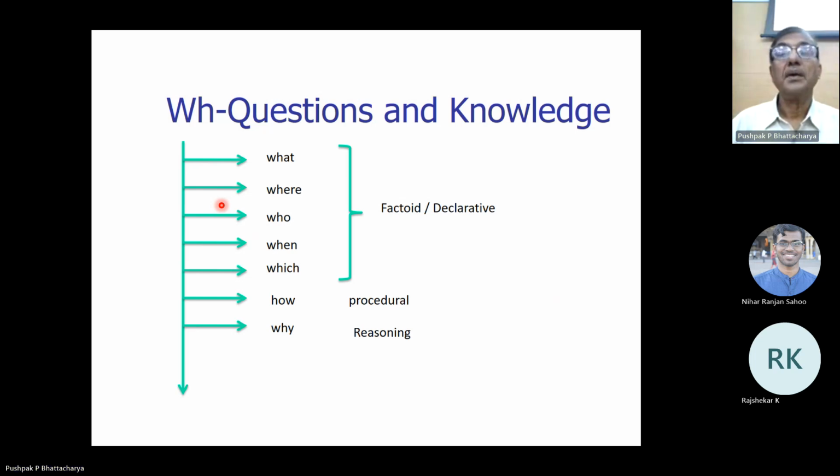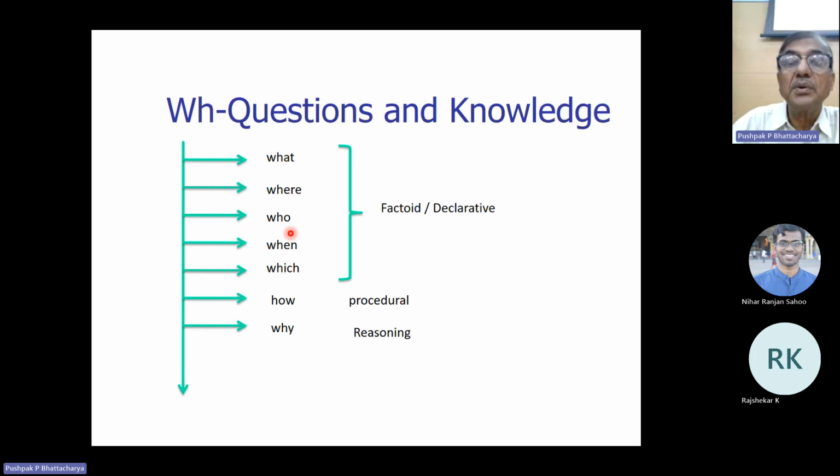Now, one of the important fields of AI is question answering. Question answering is very crucially dependent on predicate calculus. There are what are called WH questions and the corresponding knowledge to answer those WH questions. What are the WH questions?